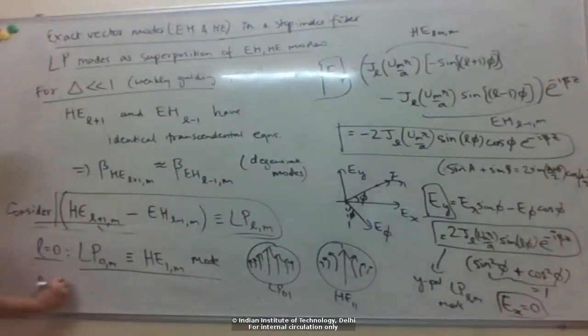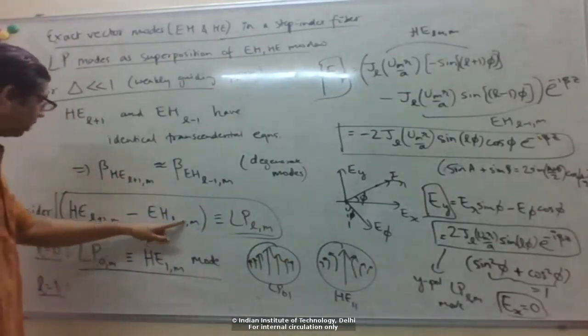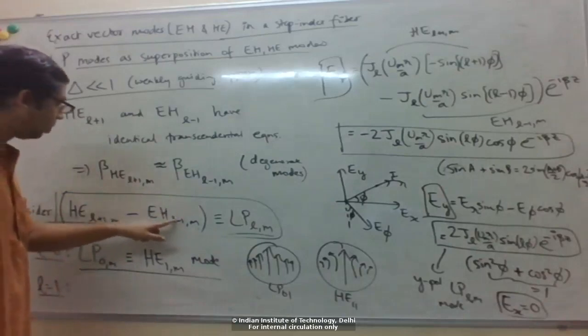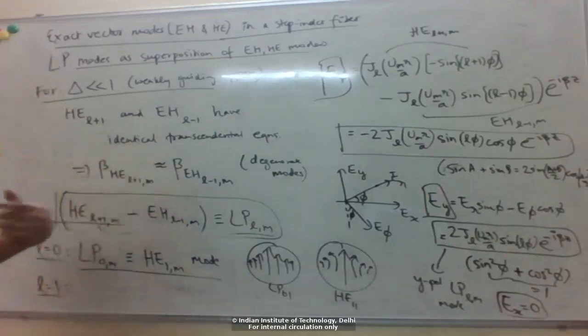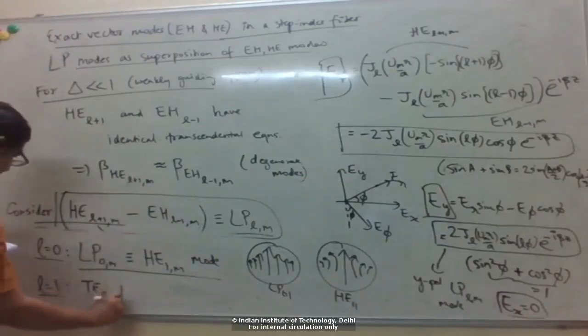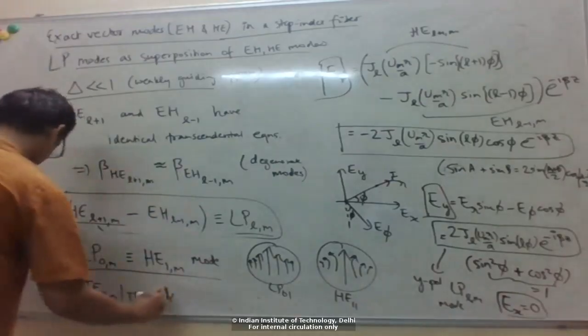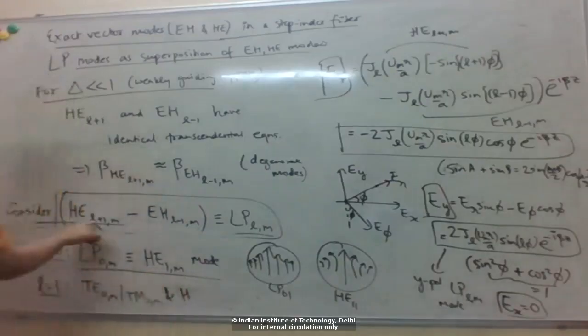L equal to 1 is another special case because L minus 1 here becomes 0. So L equal to 0, remember we had TE or TM modes, right? So for L equal to 1, we have to take either the TE0M or TM0M and superpose it with the HE2.